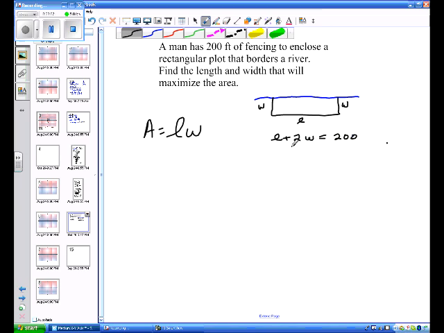So if we wanted to write this all in terms of one variable, then the length would be 200 minus 2w. So we're going to substitute that in for the length, 200 minus 2w times w. Then that would be a formula that would give the area for this rectangle.